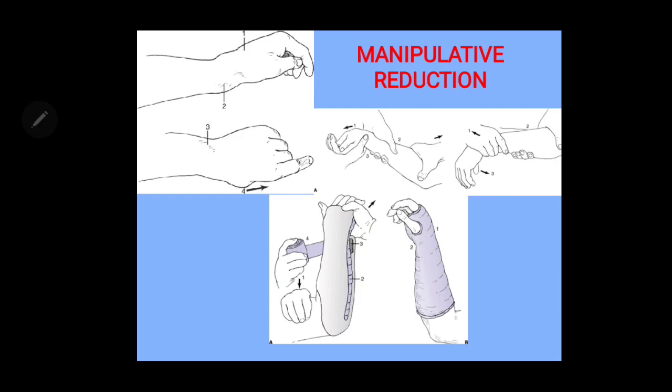So you should keep the fracture in corrected position and prevent its redisplacement. Of course, after this manipulation, before and after, you should make an X-ray in two views to be sure that your reduction was successful.